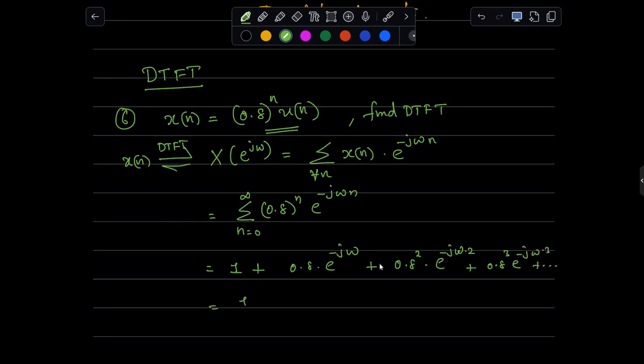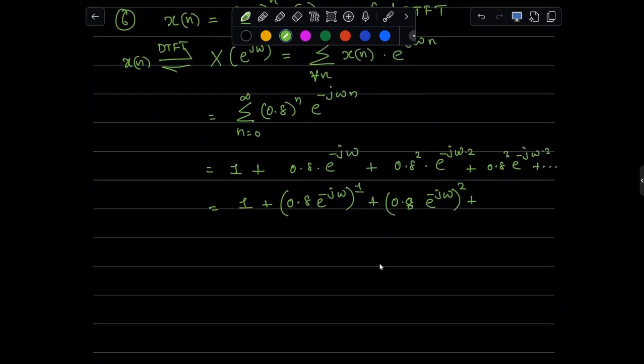So this is 1 plus 0.8 e power minus j omega to the power 1, plus 0.8 e power minus j omega to the power 2, plus 0.8 e power minus j omega to the power 3, and so on.